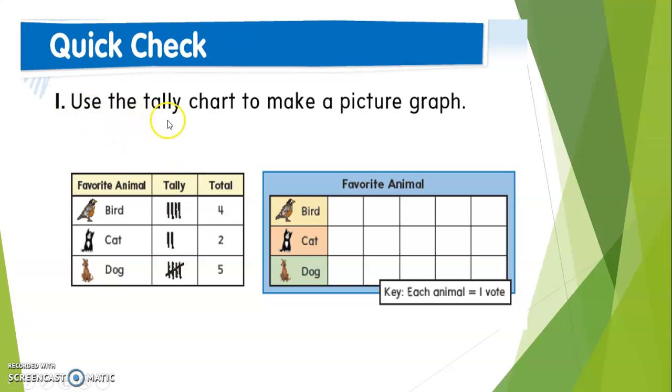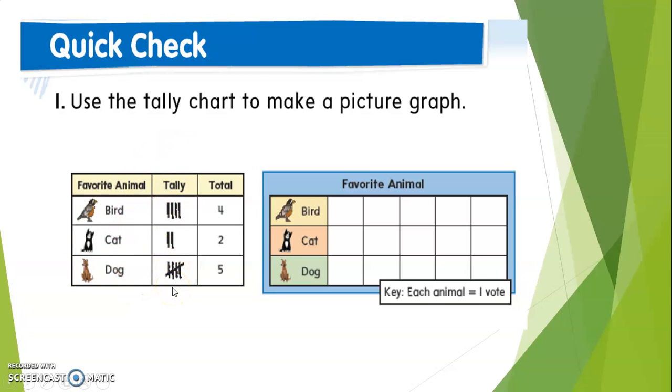Use the tally chart to make a picture graph. So we have a tally chart, and here also we have a picture graph. Here in the tally chart, as we talked before, we have the kinds of animals, which are birds, cats and dogs. And here we have the tally marks.